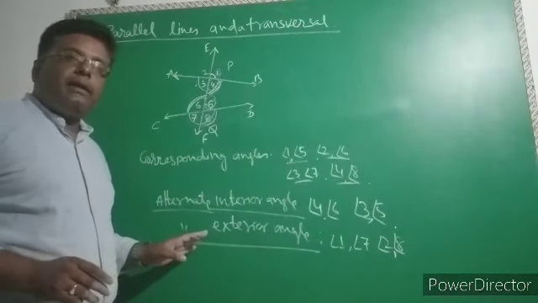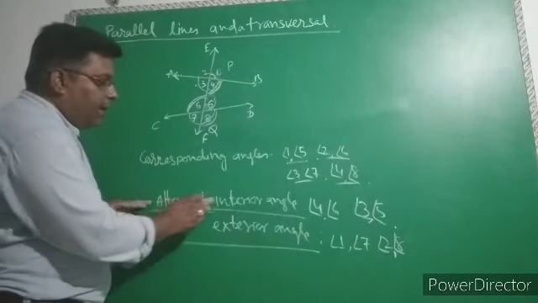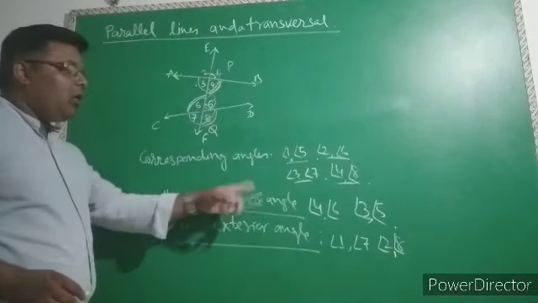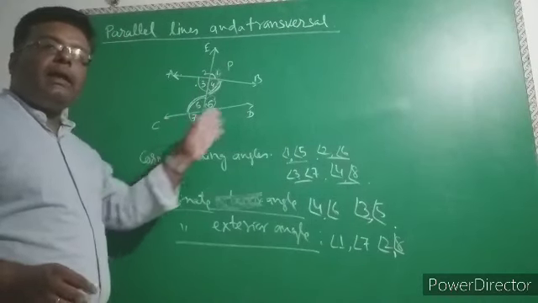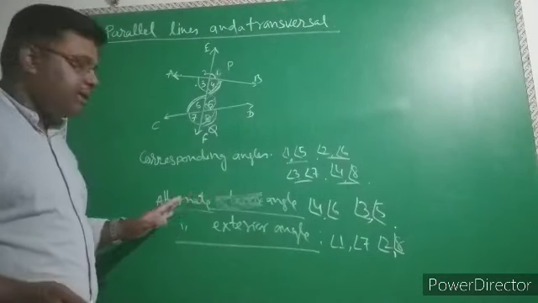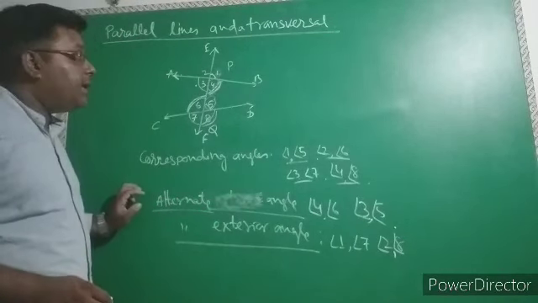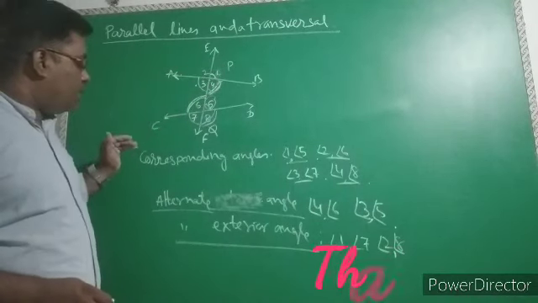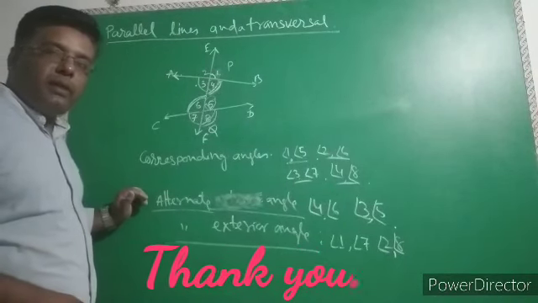But in our later discussion, alternate interior angles can be termed simply alternate angles. That is, when we say some angle A and angle B are alternate angles, remember it means alternate interior angles, so we will not write the word interior. And next, for parallel lines, what is the property of corresponding angles and alternate angles? We will discuss it in the next class. Okay? Thank you.